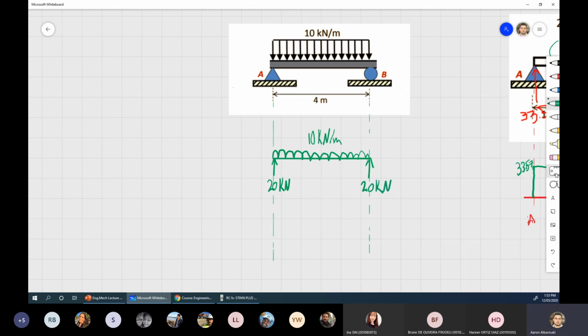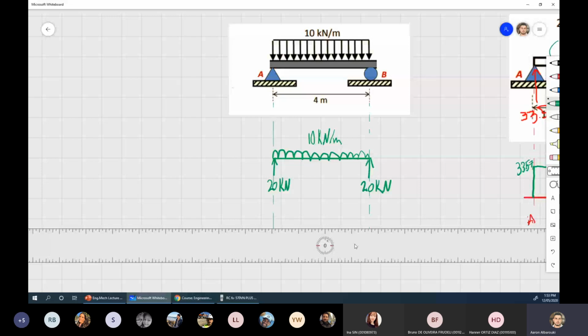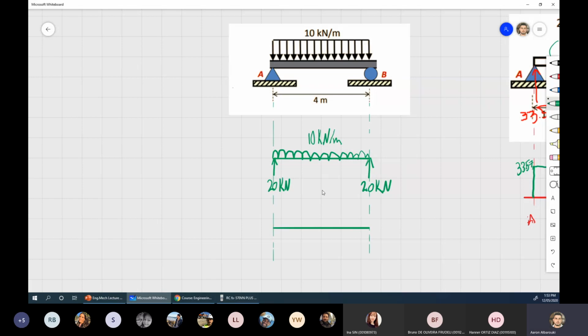Okay, so the free body diagram is done. Shear force diagram. What shall I do as a starting point? We're starting from left to right, always. And my starting point is always 0. What happens there?